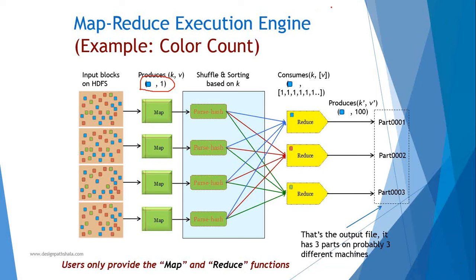And then the Hadoop code will do the shuffle and the sort based on the key. All of the blues will be put together in the reducer, and the reds and the greens, and then it will sum it up and say how many keys. We'll create a new key that has the sum of all of the values. So in this case, we would have, let's say, 100 blues. And then that gives us the sum.